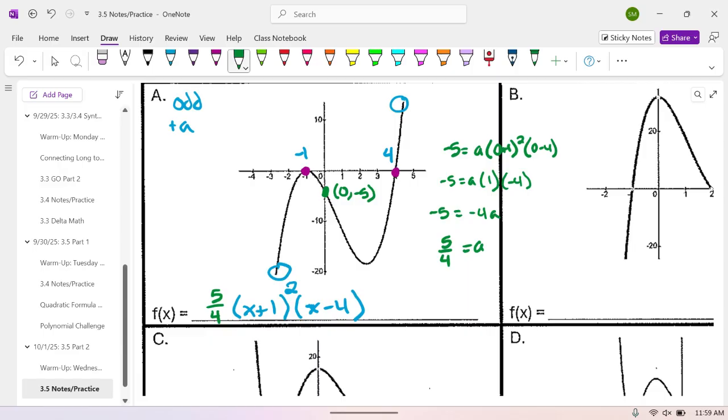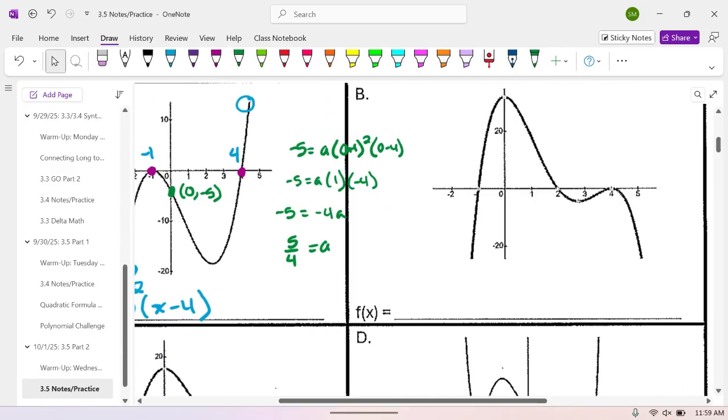It's counted twice. So 1, 2, 3. You have 3 roots, so the degree has to be 3. We count the x plus 1 twice because that's squared, and then the x minus 4 once. So 3 roots, we have a degree of 3, that's odd. Does everyone understand that?